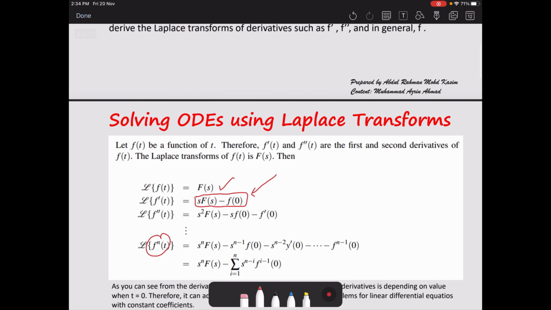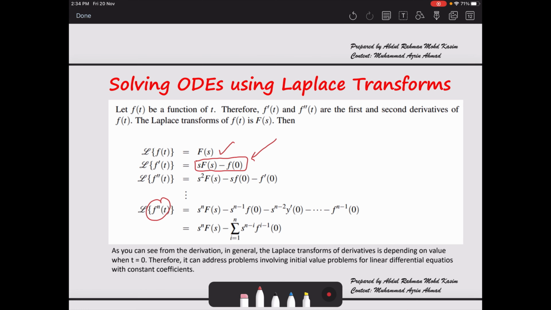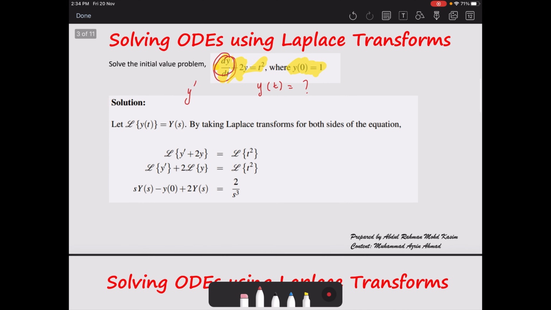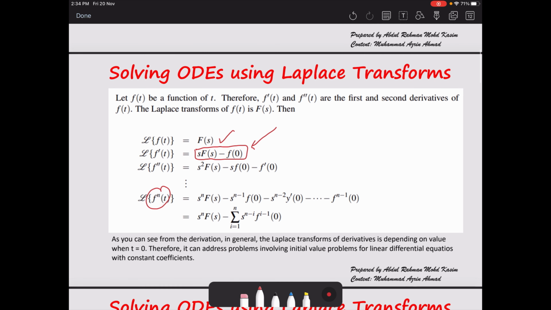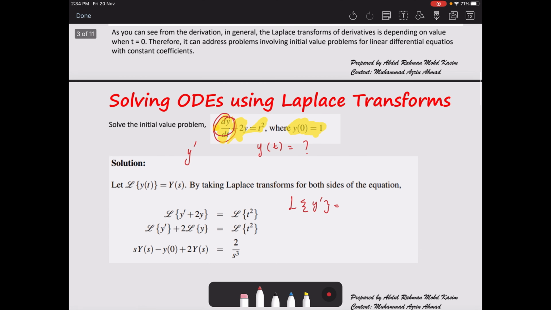When you take the Laplace of y prime, you will get s Y(s) minus y(0). So you Laplace each term, referring to the given notation.